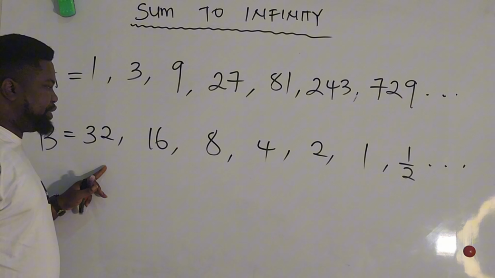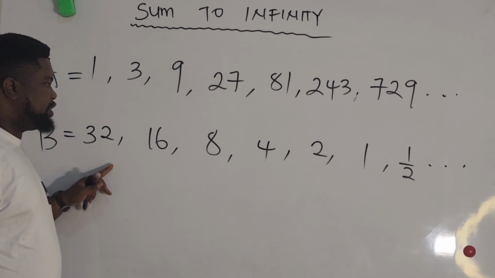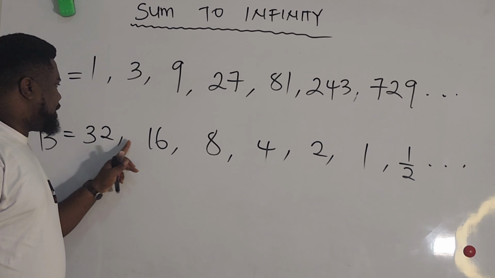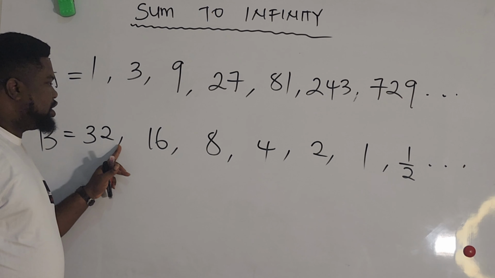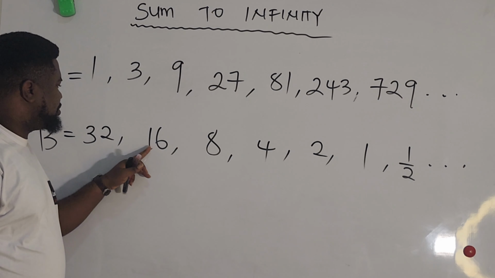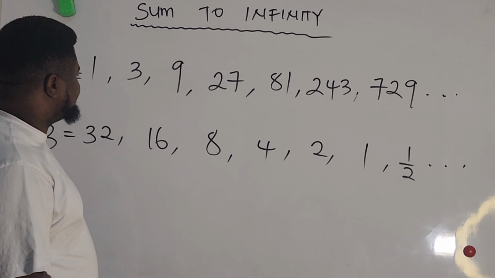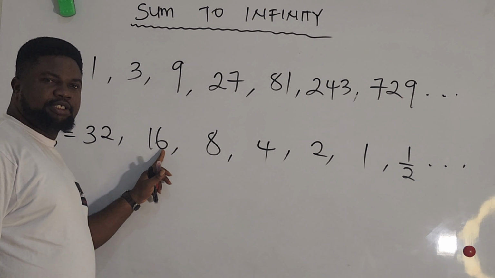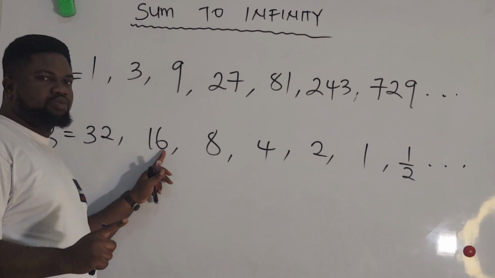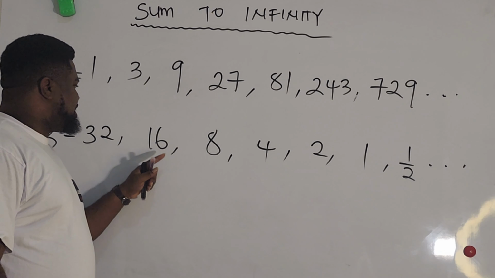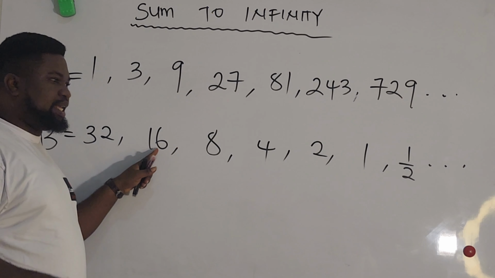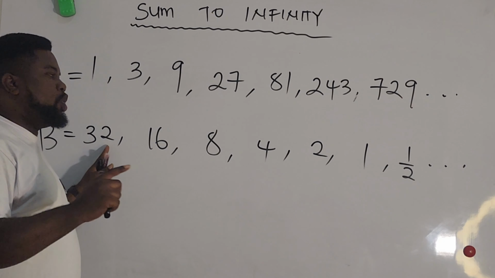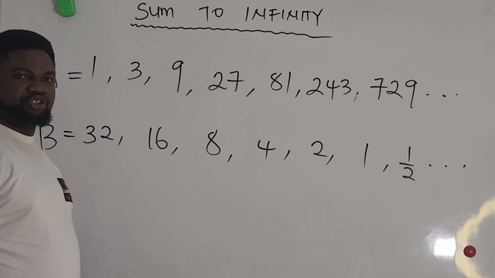Yes, it's also a GP because 8 divided by 16 is 1/2. Also, 16 divided by 32 is 1/2. It has a common ratio.